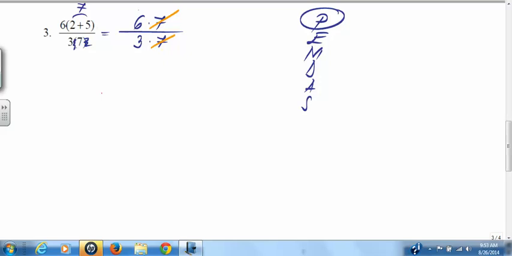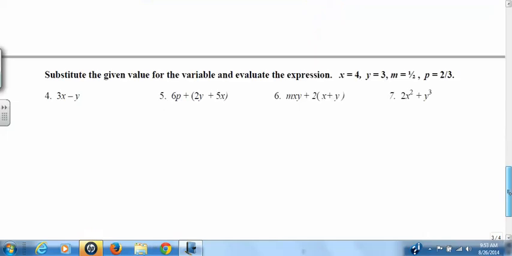All you have to do next would be to find out what is 6 over 3. Well, thank you very much. 6 over 3 is 6 divided by 3. 3 goes in 6 2 times, and that's why the answer here is going to be 2. Now that was another easy one, and you got it, right? Remember, PEMDAS. Follow that order and you will be fine. Let's try another one.